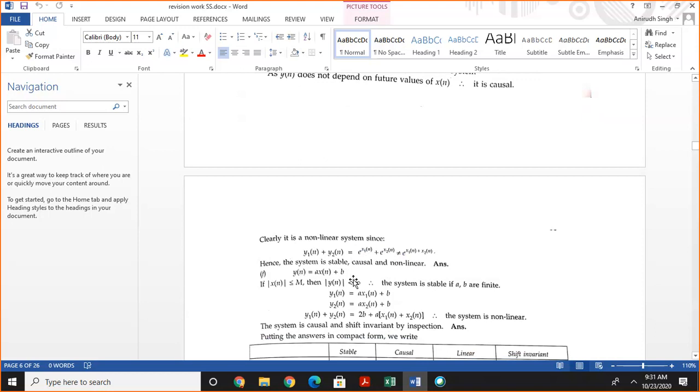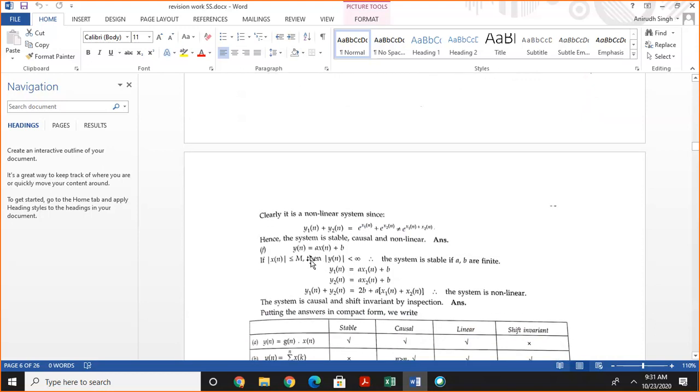But when we apply x1 plus x2, then the output will be exponential x1n plus x2n, and these two quantities are not equal, so this system is not linear.